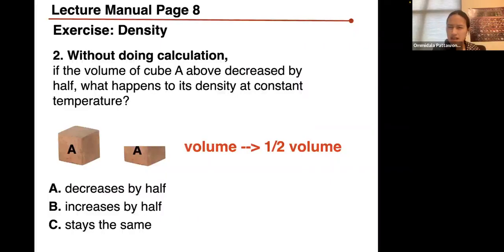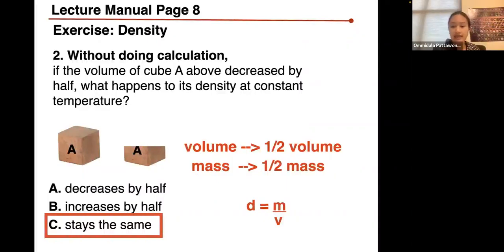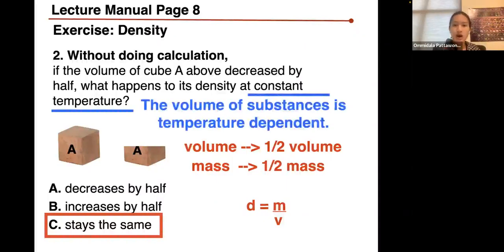So do you think that this is going to affect the density of A or not if the temperature stays the same? So the answer would be what? Well, let's take a look at this, right? Because you cut the volume in half, you also cut the mass in half as well, right? Because you take away that part. So therefore the density would stay the same. Please note that again, this one applies if the temperature stays the same, okay? Because temperature will affect the density of the substance.